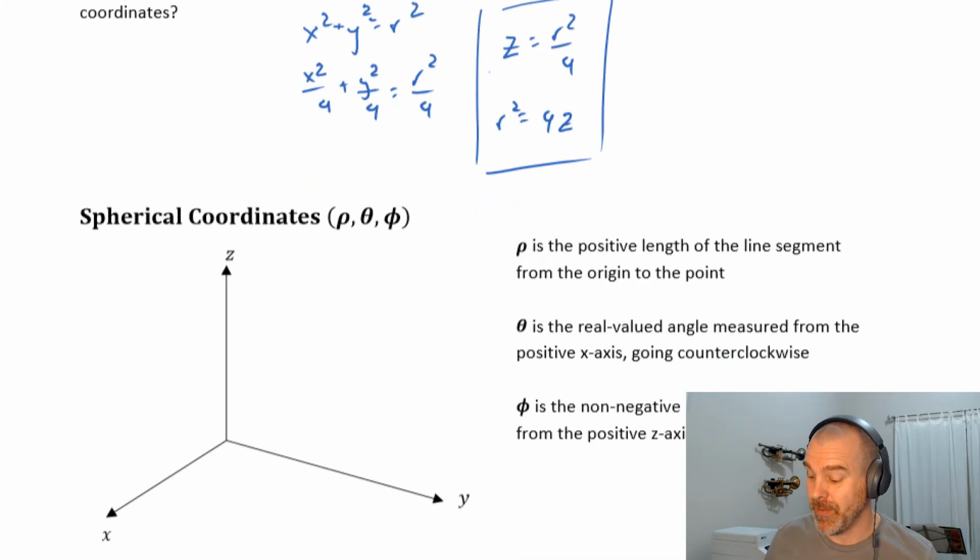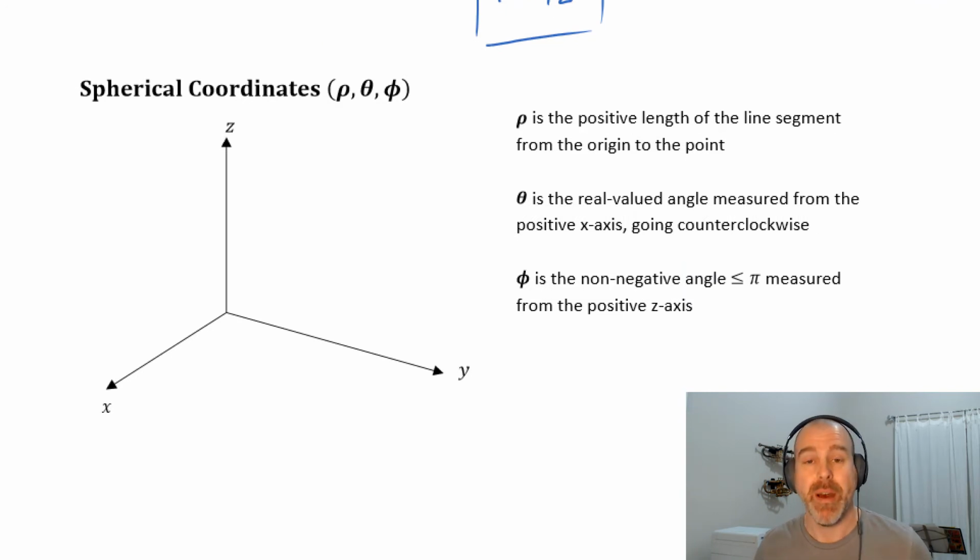Let's talk about spherical coordinates. Now you might guess that spherical coordinates are going to be helpful if we're integrating over a spherical region, and that is exactly correct. Just like in polar coordinates, essentially everything was circular. So if we're integrating over a circular region, polar coordinates were the way to go. So here's how spherical coordinates work.